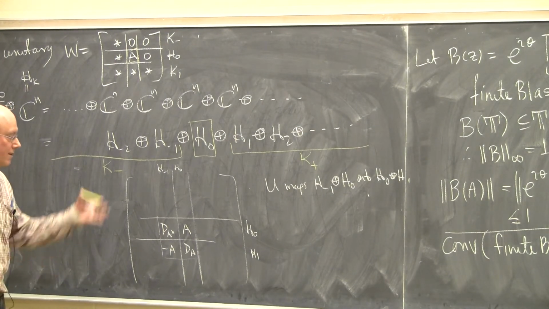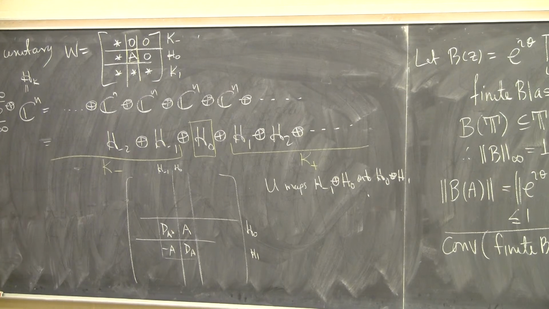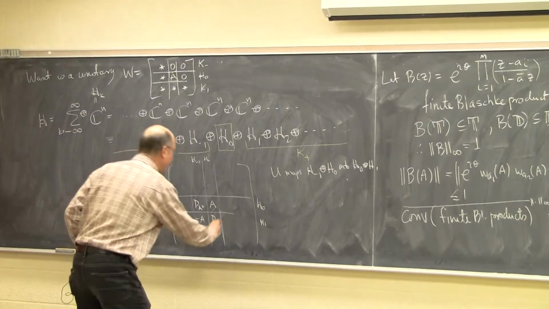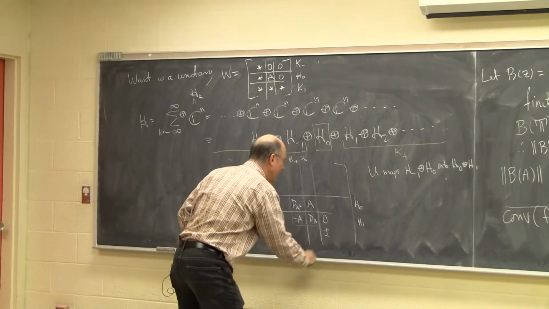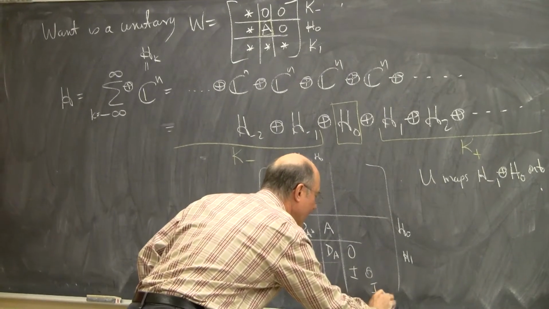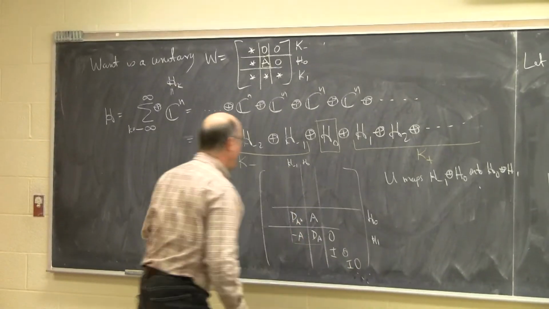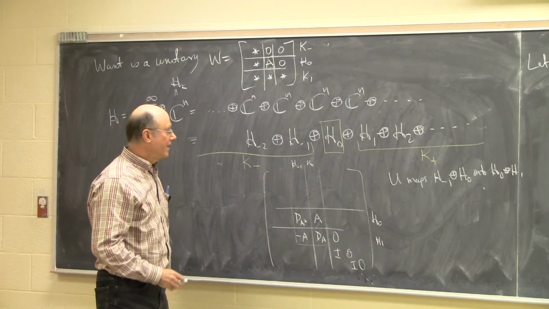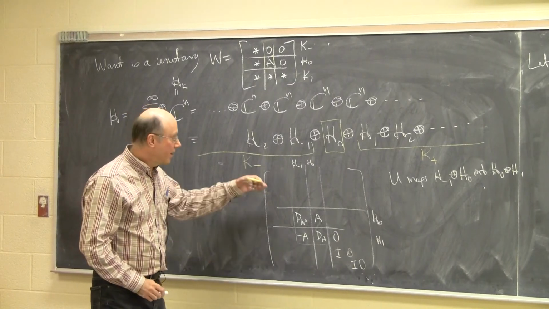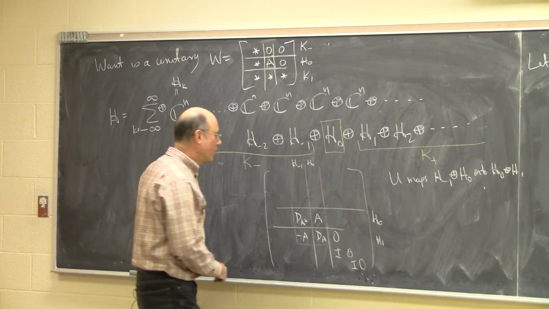But to make it a unitary, it has to be an isometry, and H1 is already used up. Where am I going to send H1? Well, I send H1 onto H2, and H2 onto H3, etc. So I put an identity there, and I need to map something onto H1 because H1's been mapped into H0.